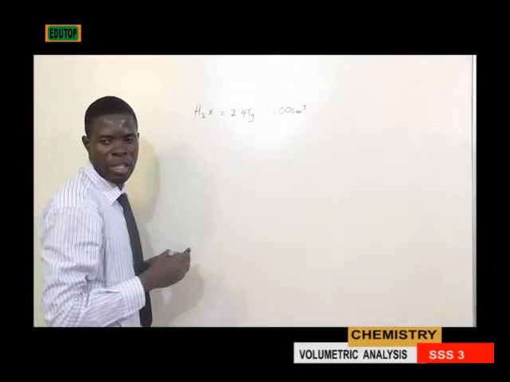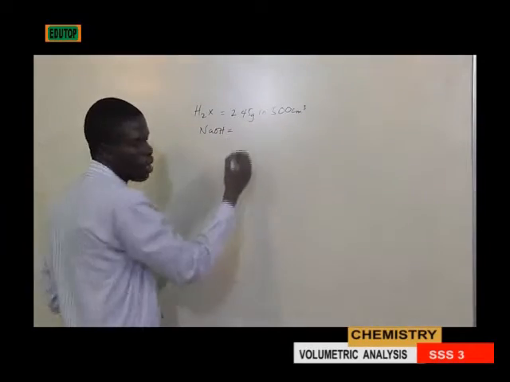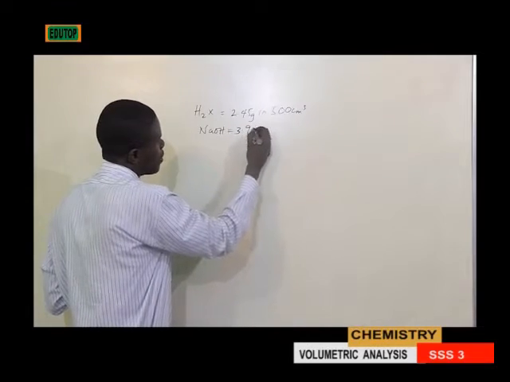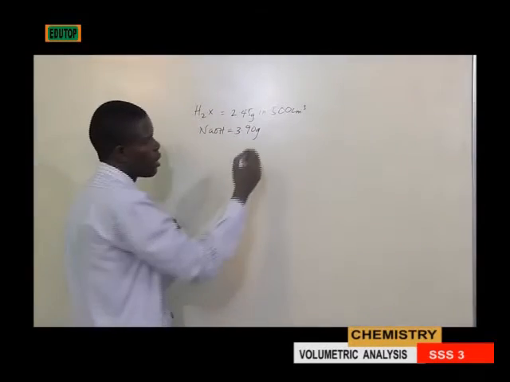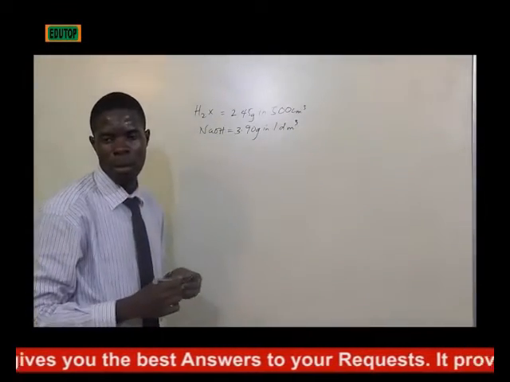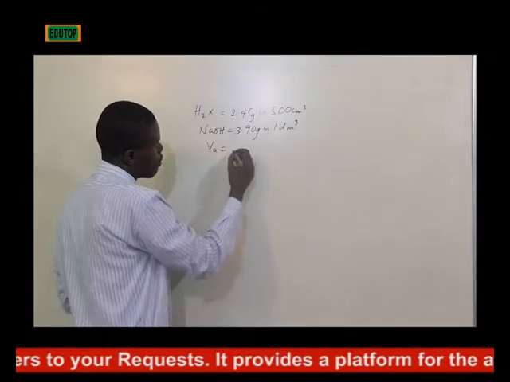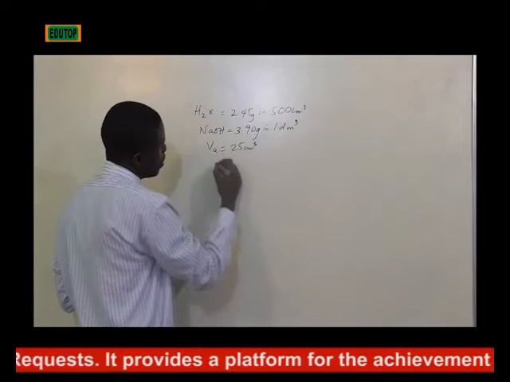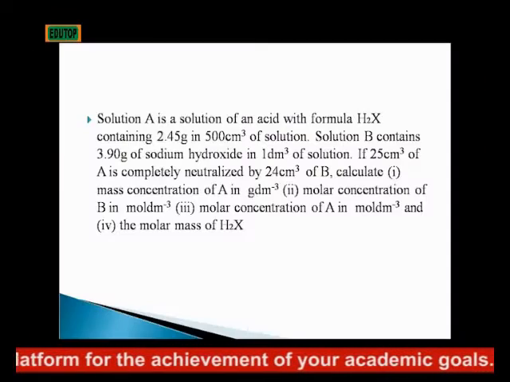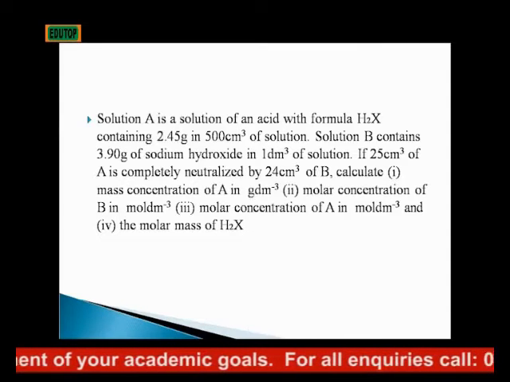Solution B, which is the solution of the base, is sodium hydroxide, which is given in 3.90 gram in 1 dm cube, which is a standard solution. The volume of the acid is also given as 25 cm cube. The volume of the base is also given as 24 cm cube. Then the question asks us to calculate the mass concentration of A in gram per dm cube.